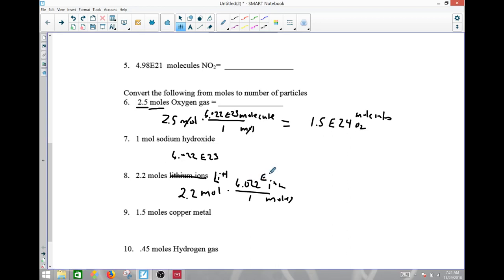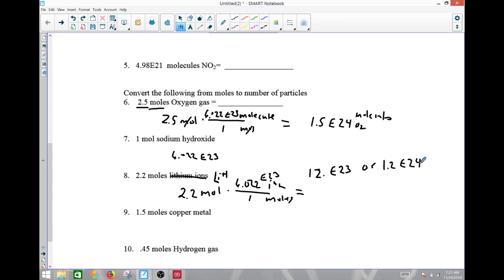e to the 23rd. Now don't just let your calculator do all the work. 2 times 6 is 12. So my answer is 12 e to the 23rd, an approximate answer, or 1.2 e to the 24th.